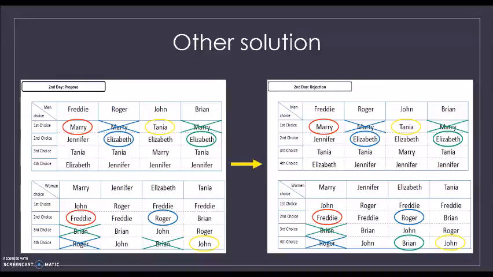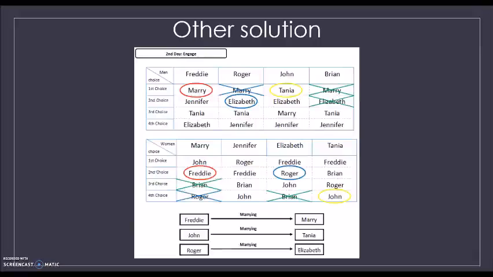Brian goes for his second choice, Elizabeth also. So you see a problem. So Elizabeth has to choose between Roger and Brian. Of course, Elizabeth will choose Roger here, because he is her second choice compared to Brian, her last choice.